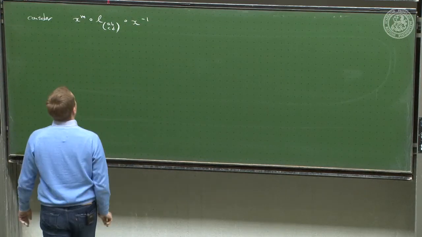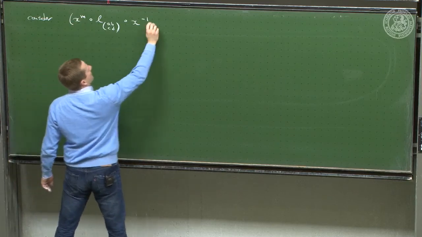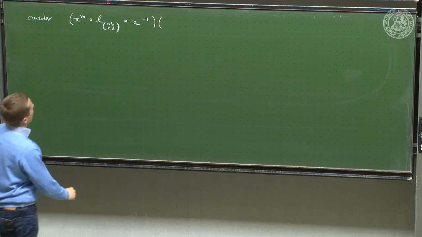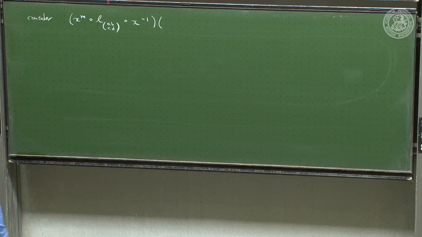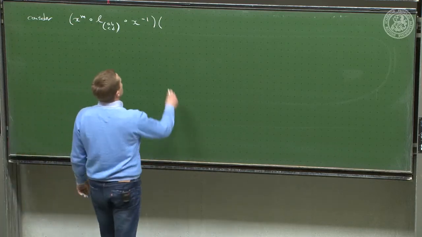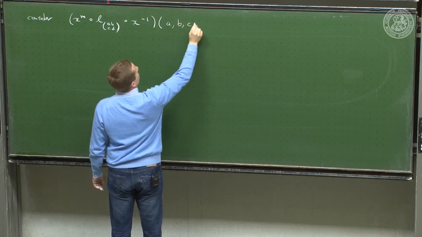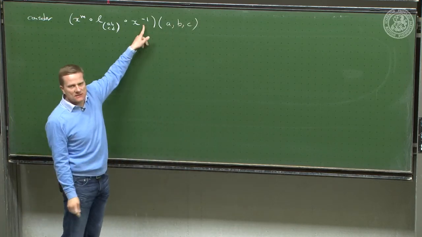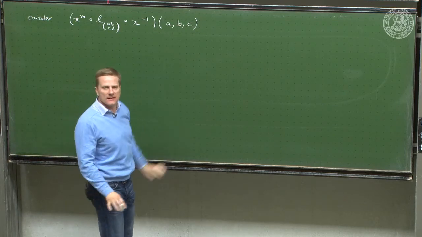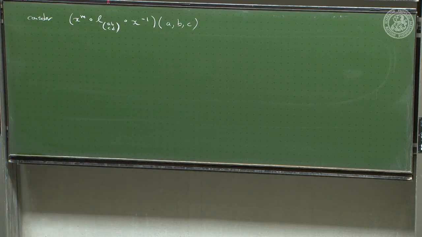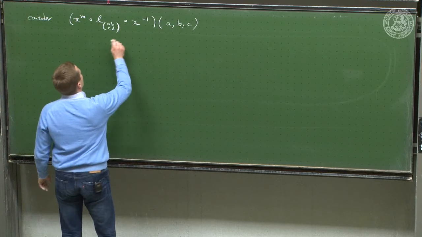Yeah. And you want to study this map. Well, you study a map by seeing how it acts on the domain. The domain is something like x inverse, something like ABC, because it obviously acts on some x of u, and I have the ABC. So now study this map. What is it? Well, equals.